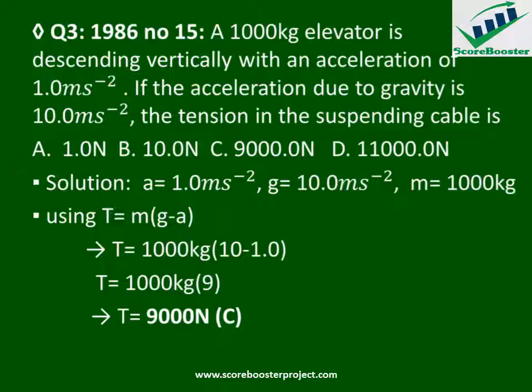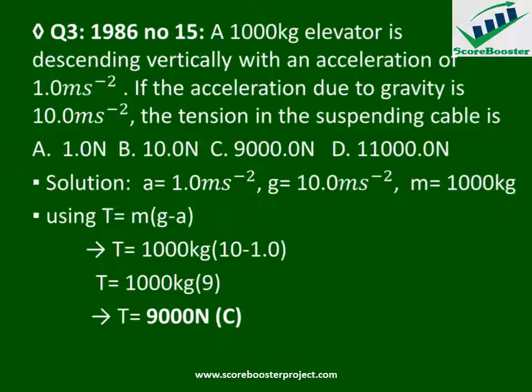If the acceleration due to gravity is 10.0 meters per second square, then the tension in the suspending cable is dash. You have option A to be 1.0 Newton, option B is 10.0 Newton, option C is 9,000.0 Newton, while option D is 11,000.0 Newton.